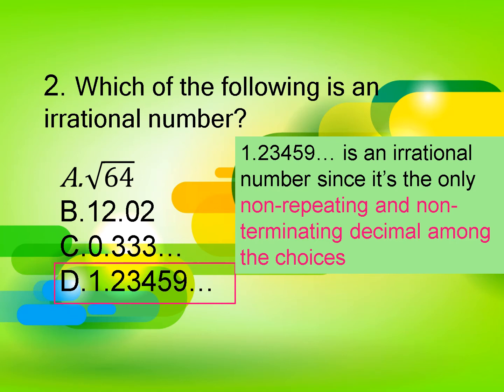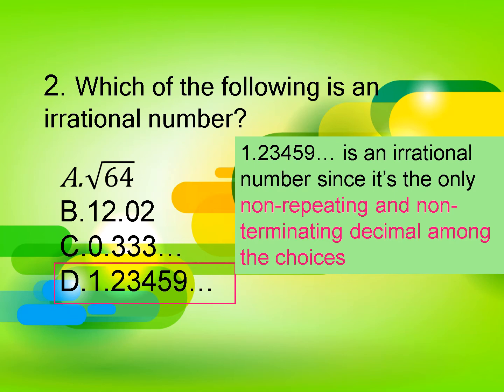This is also an example of a rational number because though it is non-terminating, its decimal part here, which is 3, is being repeated. So this can be expressed in a fraction form. And the equivalent fraction form of 0.333 repeating is equal to 1/3.